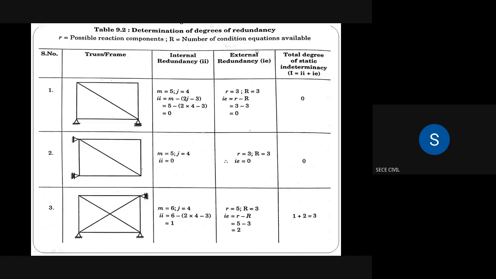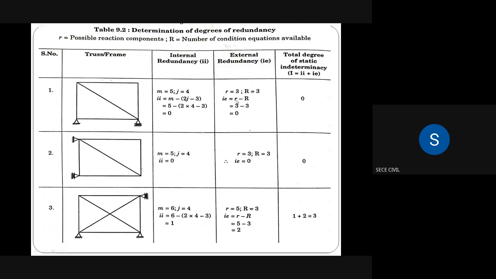Next, we are calculating external redundancy. External redundancy depends upon the support reactions. This is a hinge support and this one is a roller support. Hinge support means two reactions will act and roller support means one reaction. So the total number of reactions acting in the given problem is 3, and we have 3 equilibrium equations also.